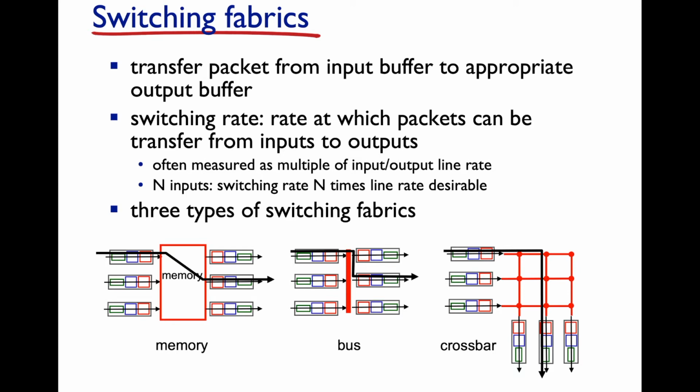And so there are 3 basic architectures for switching fabrics. There's a memory-based fabric, so you have your input ports, your output ports, and those datagrams are ushered from the inputs to the outputs using memory as the channel. There's bus-based, akin to what you'd have in the CPU architecture, a high-speed substrate that connects data from an input port to an output port.